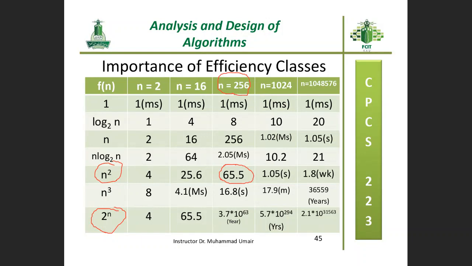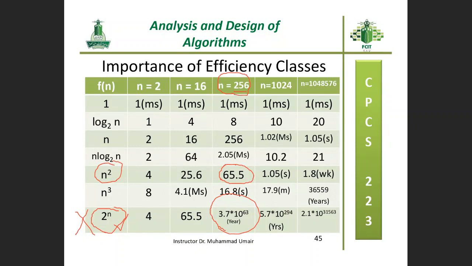Whereas if the same problem with the same number of inputs is solved by an algorithm whose efficiency is 2 raised to the power n, it will take 3.7 times 10 raised to the power 63 years. So obviously you will never select an algorithm whose efficiency is exponential, 2 raised to the power n.